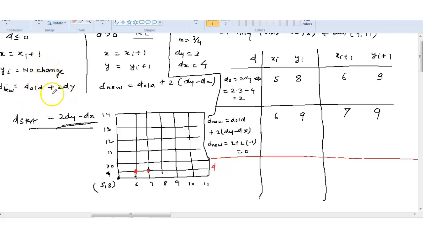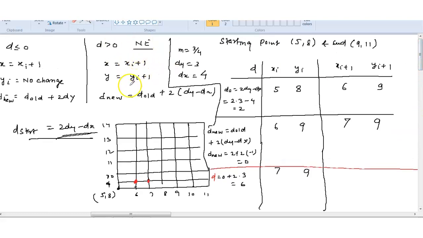So d old is 0 plus 2 into dy, which is 3, so this is 6. 6 means d is greater than 0, so x increments and y increments. So 8 and this becomes 10. The next coordinate will be 8 and 10, this one.